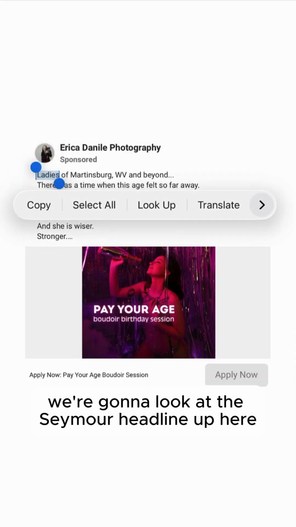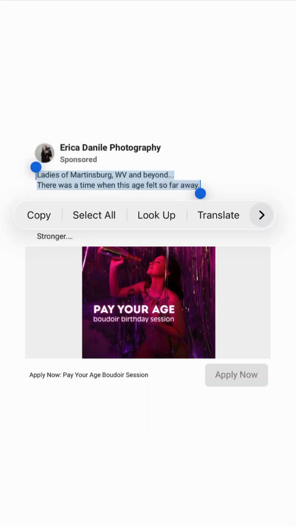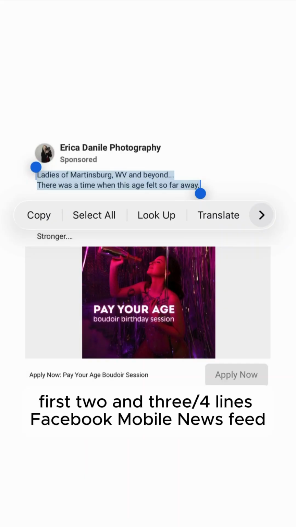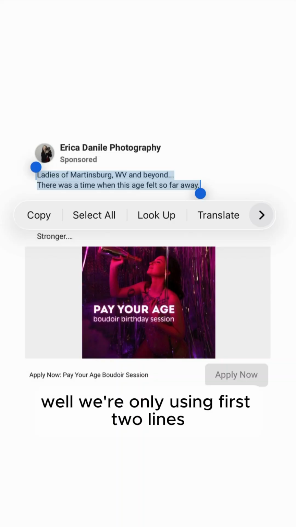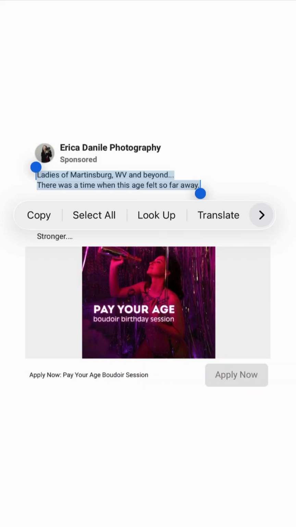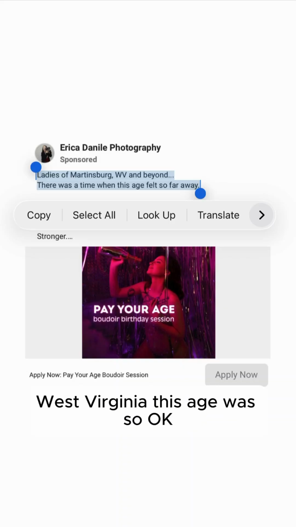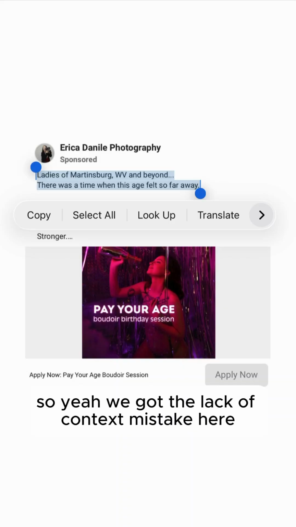Finally, we're going to look at the see more headline up here. The first 2 3/4 lines show in the Facebook mobile newsfeed. We're only using the first two lines. Now, "the ladies of Martinsburg, West Virginia." This age was okay. So yeah, we've got the lack of context mistake here.